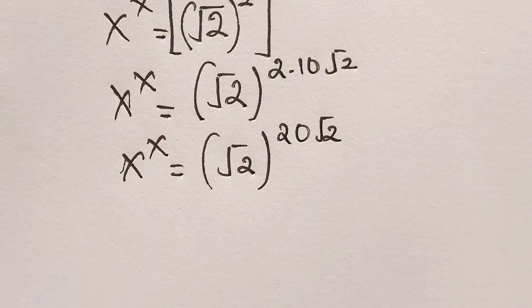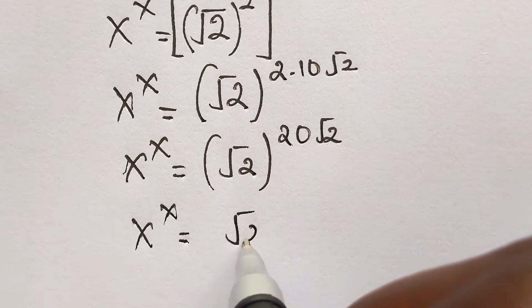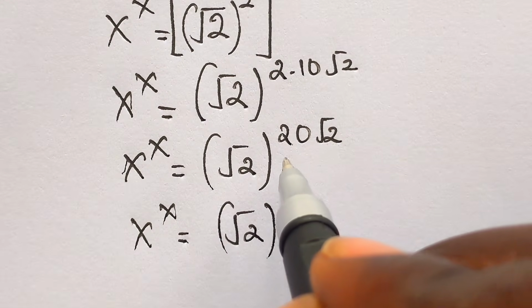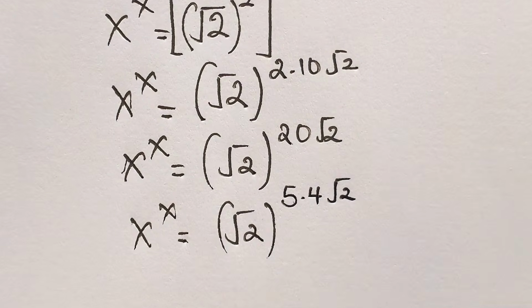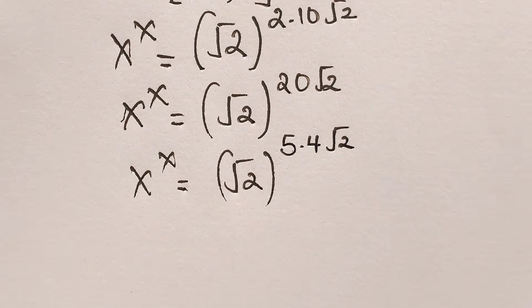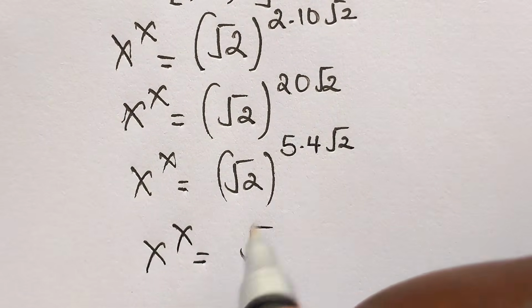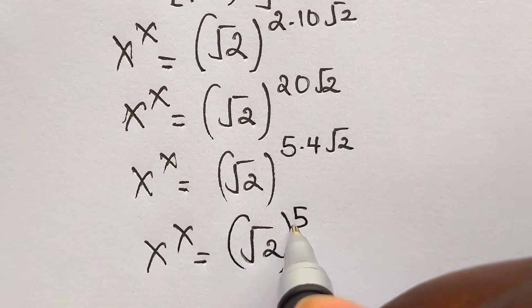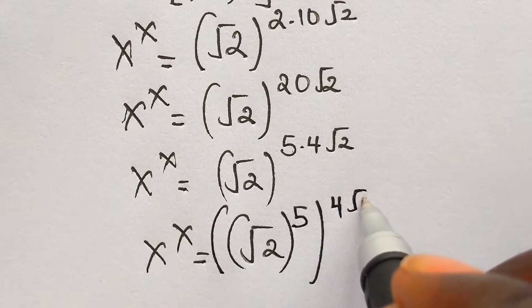Now here we have x^x = √2, and this 20 can be changed into 5 times 4√2. So x^x = (√2)^5, then raised to the power 4√2 again.